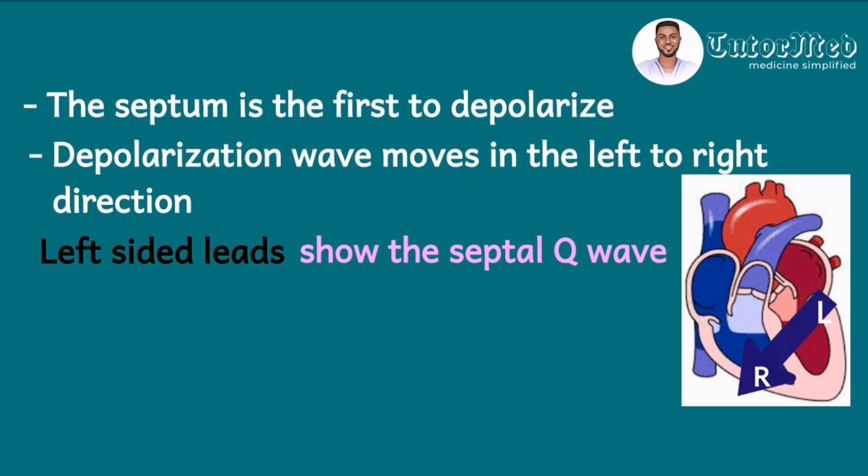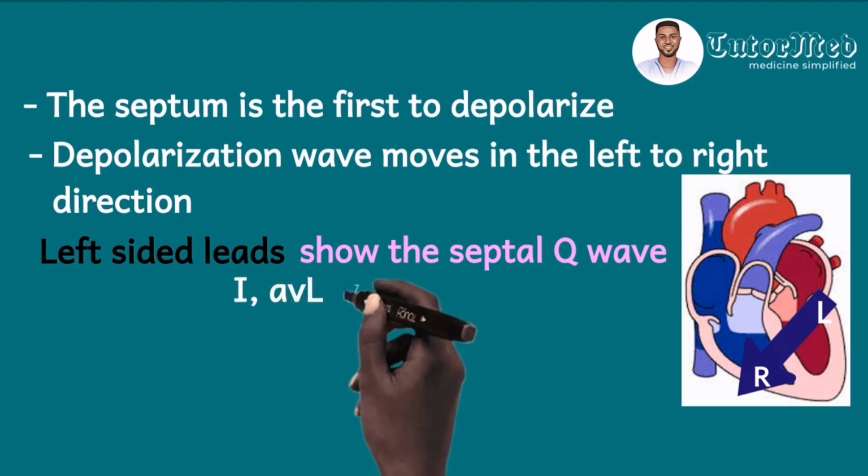That means left-sided leads like lead 1, AVL, lead V4 to V6 will have Q waves, and it is normal to have Q waves in these leads. By now, you should be aware that to an extent, lead 2 might also have a Q wave because it is located on the left as well.